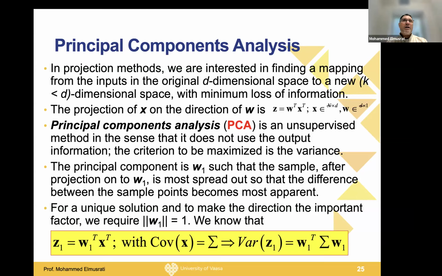Assume that after this projection you get a vector, and all of its entries contain the same number, like 1, 1, 1, 1, 1. All 1000 patients have exactly the same number. How can we differentiate between patients here? Nothing. No information.